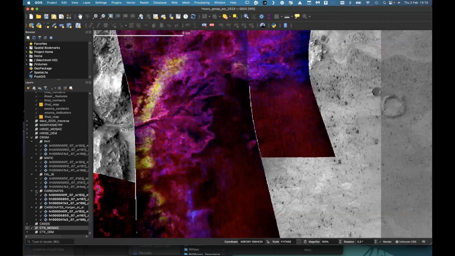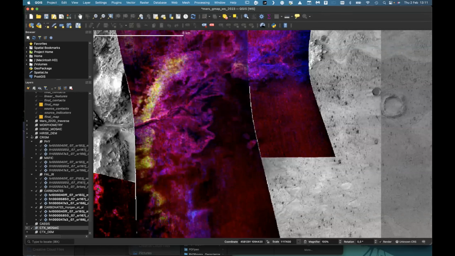They use different spectral parameters for these two images, and with some spectral parameters you can highlight some areas, with others you don't, and eventually you know the mineralogy by looking at the spectra of the image. So don't rely only on these color maps.